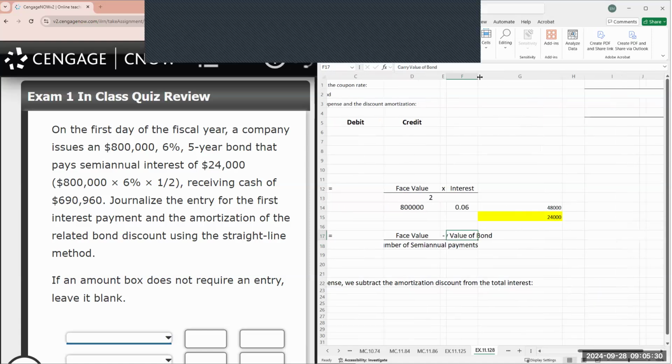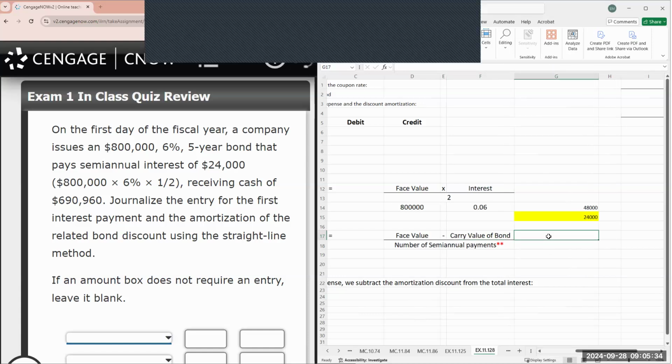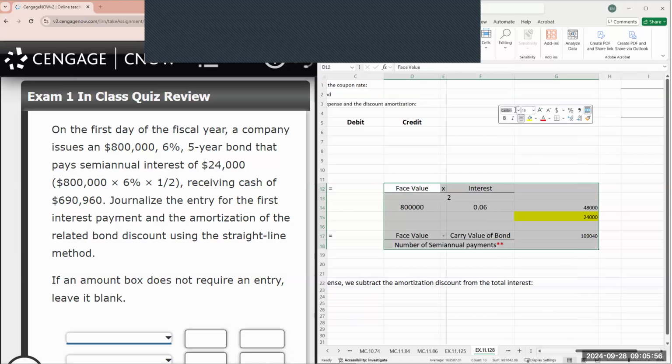And in this case, the carrying value of the bond is the amount paid, the 690,000. So the face value of $800,000 minus the carrying value, 690,960. So that gives us a discount of $109,040.